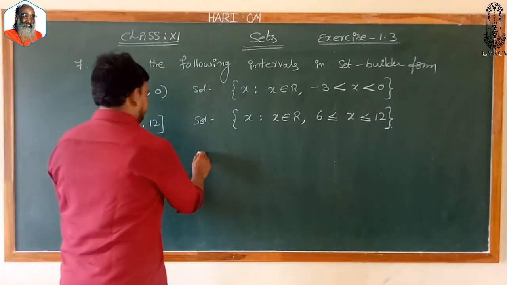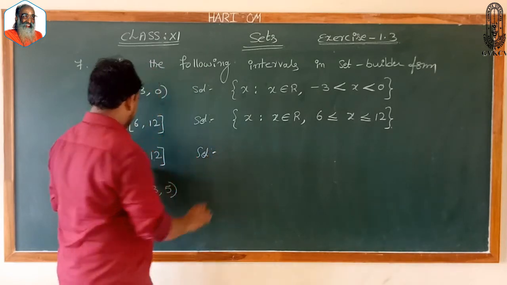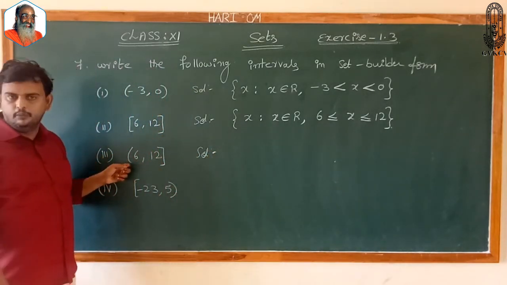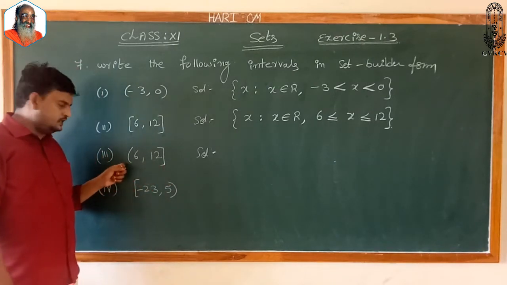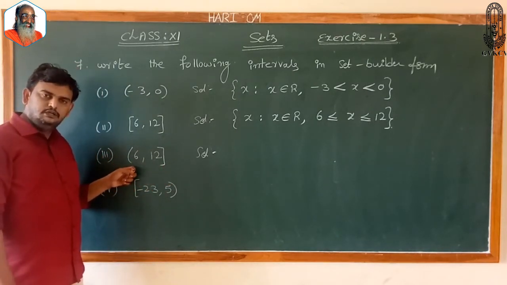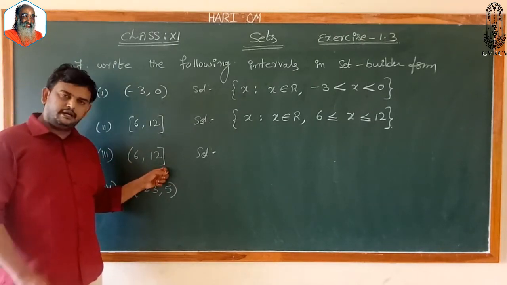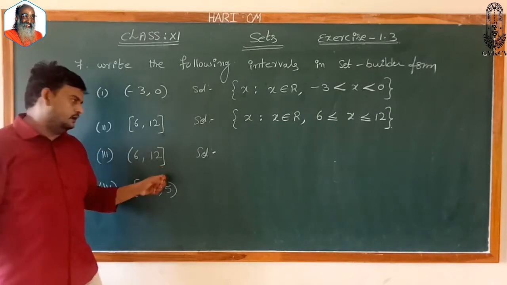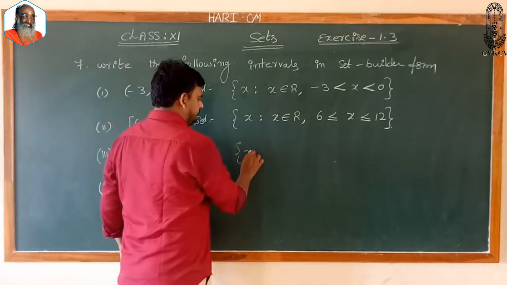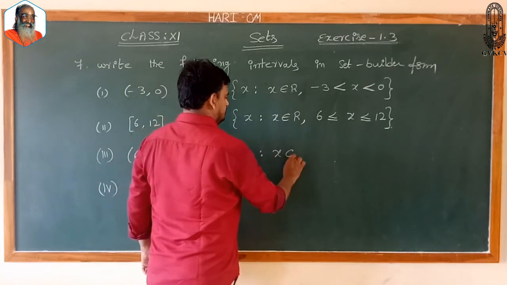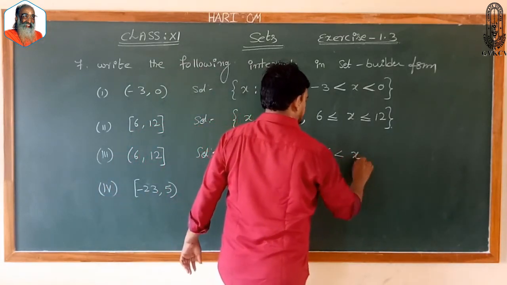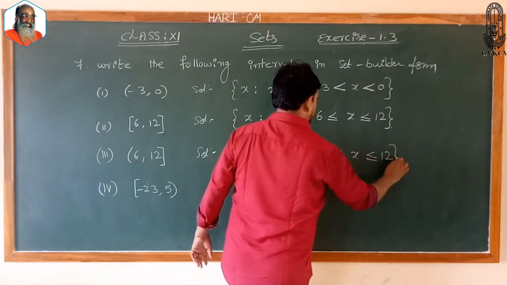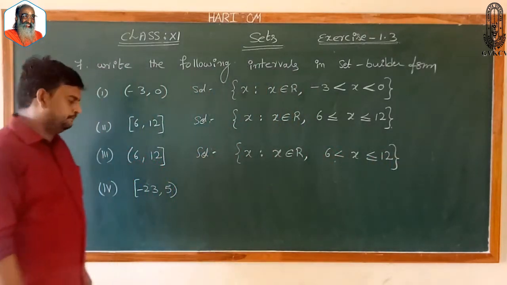Now the third one. What is given? One side we have an open bracket, another side a square bracket. So here open bracket means less than, and square bracket means less than or equal. So x such that x belongs to R, 6 less than x less than or equal to 12.